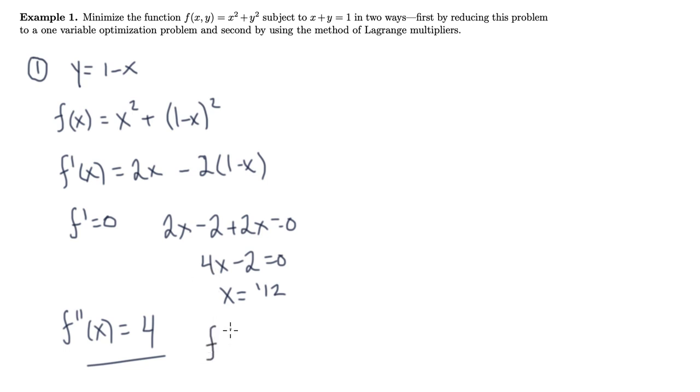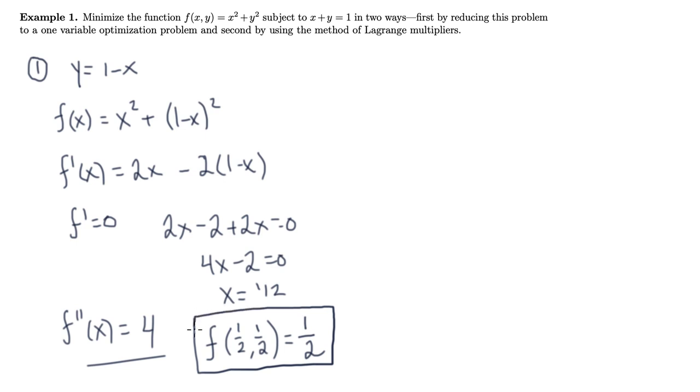Well, I'm going to have 1/2 for x. Y is going to be 1 minus 1/2, so also 1/2. And so what is this? 1/2 squared is 1/4. Plus 1/2 squared is another 1/4. So our minimum value actually is 1/2. So that was just a quick calc run review of how you would solve this optimization question.